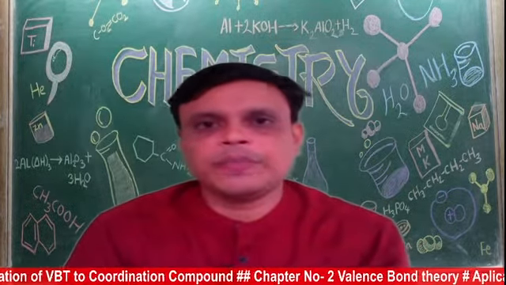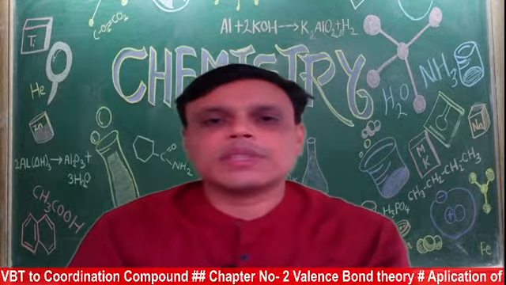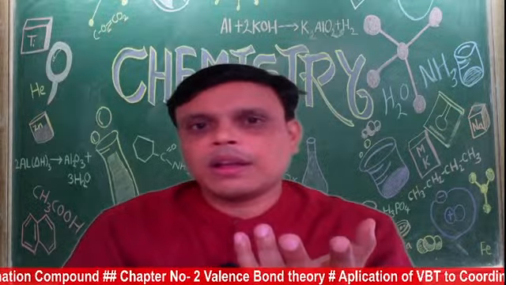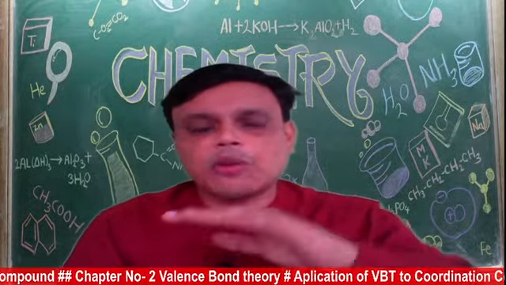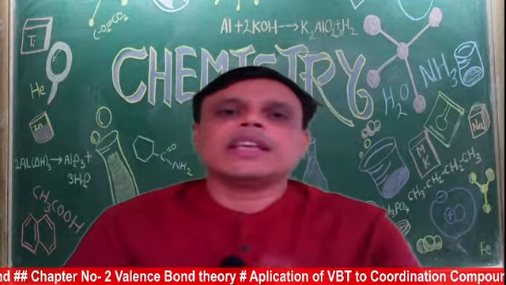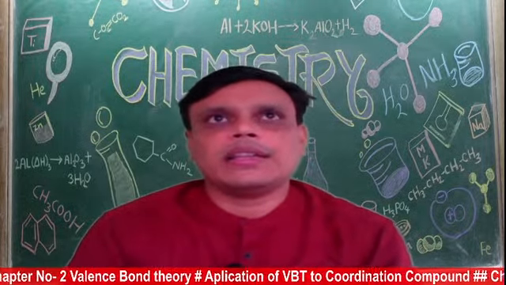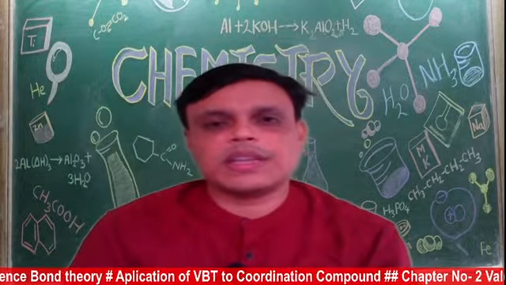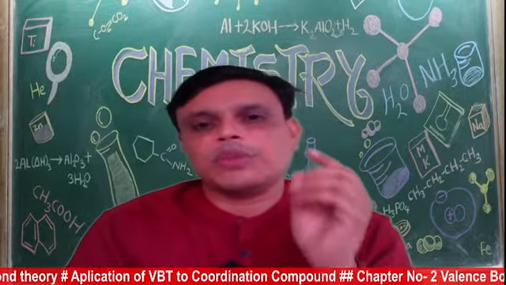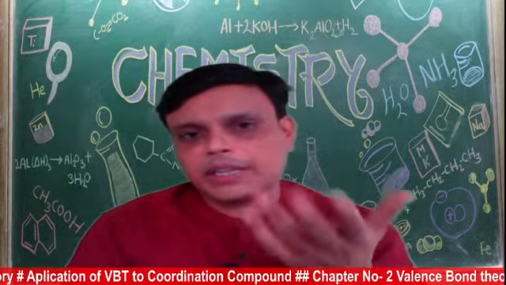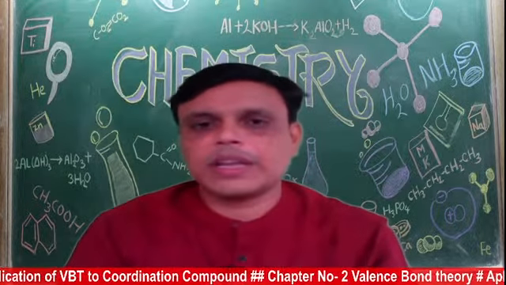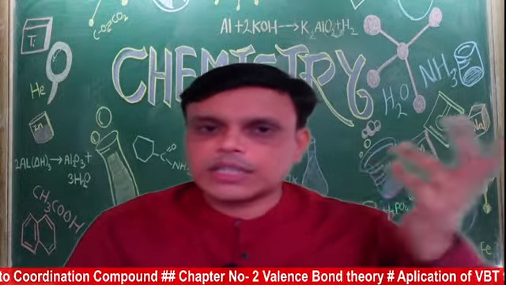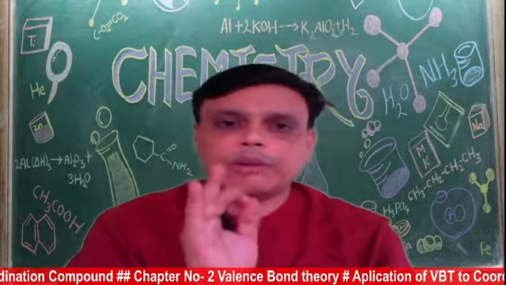Then the sixth assumption is that those metal electrons which do not take part in bonding or hybridization occupy the inner d orbitals, and these electrons are called non-bonding electrons of that metal atom.